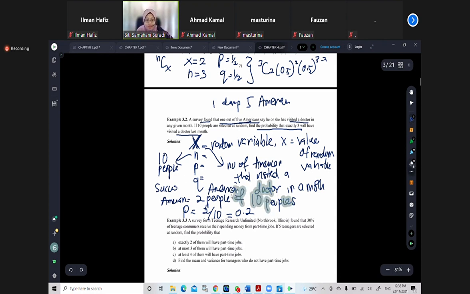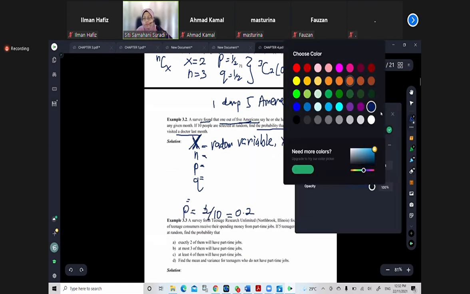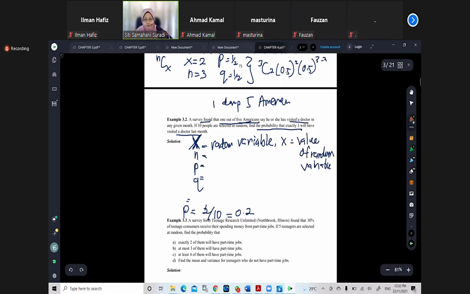So n is 10, P is 2/10, that means 0.2. Q is 1 minus P, that means 1 minus 0.2, then you get 0.8.